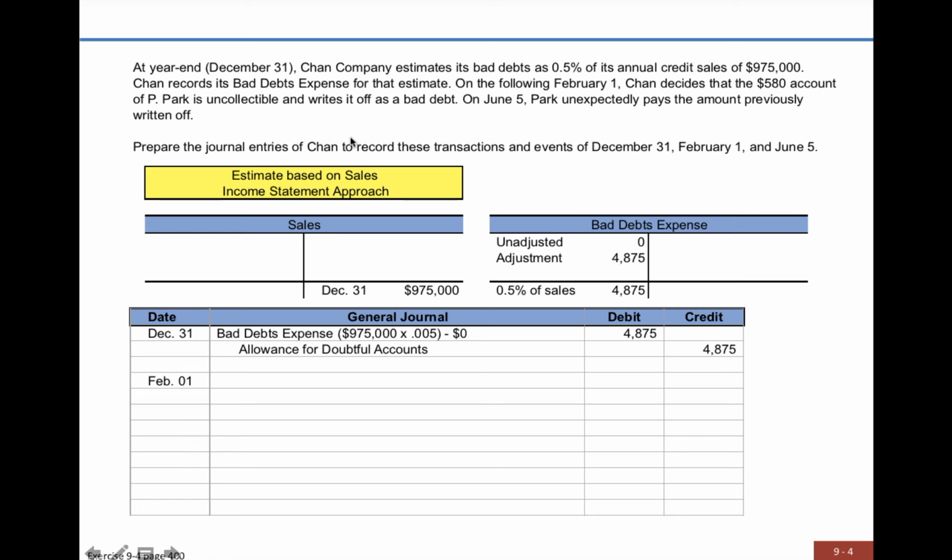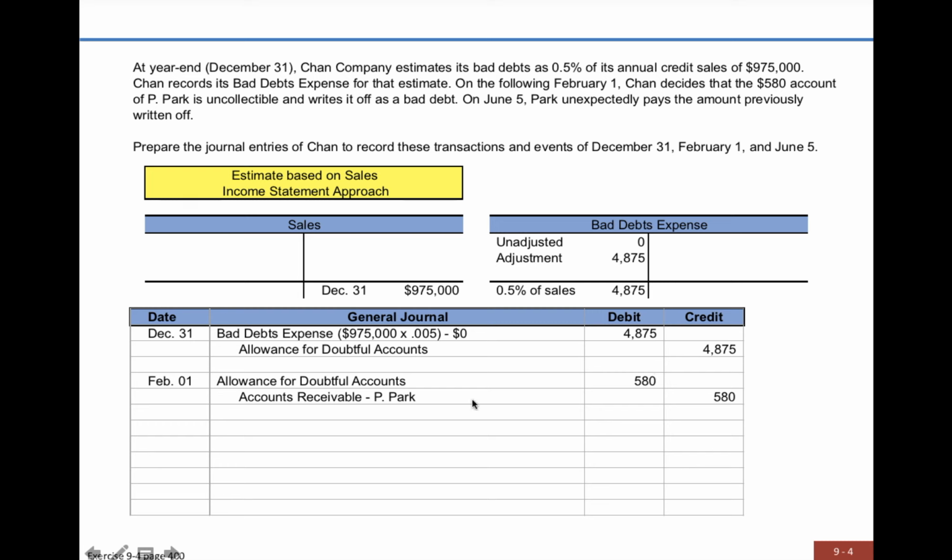And you'll notice that when we're doing that, there's no expense account showing up when we're writing off a bad debt, because we already estimated a certain amount of bad debt corresponding to these sales. Now, if we went above and beyond what we already have in the allowance for doubtful accounts, then we would later need to make adjustments to ensure that we have recognized enough bad debt expense for the period.